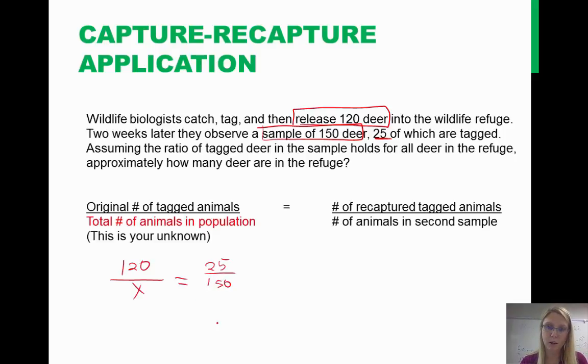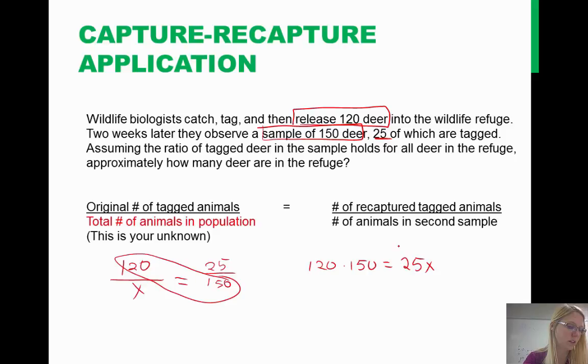Now that we have this set up, we can actually cross multiply and divide. So I'm going to take 120 times 150 equals 25 times X. So 120 times 150 is 18,000. And then we'll divide that by 25. So we have a total population of deer in this particular refuge of 720.